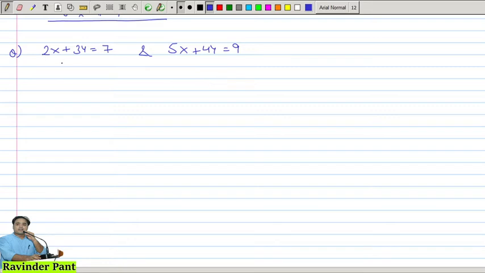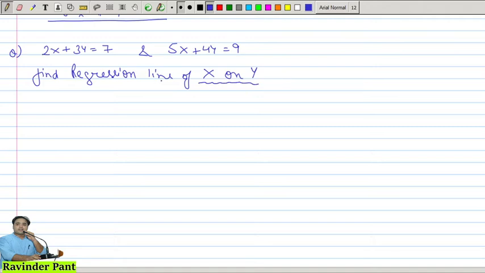You need to find a regression line. Find the regression line of x on y. You have to find only one line.